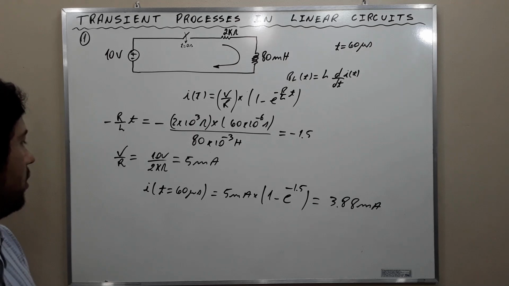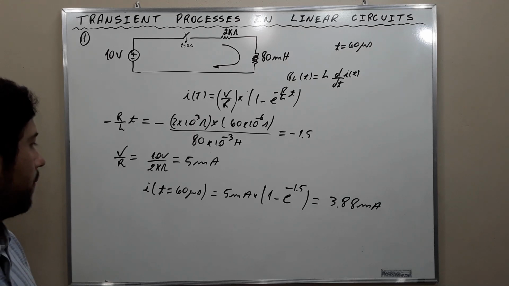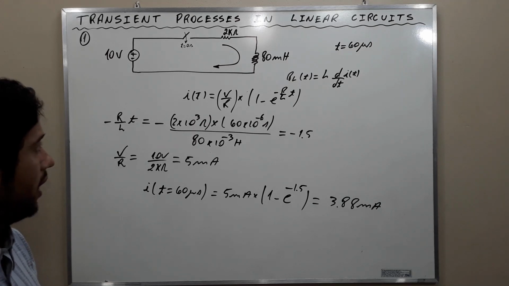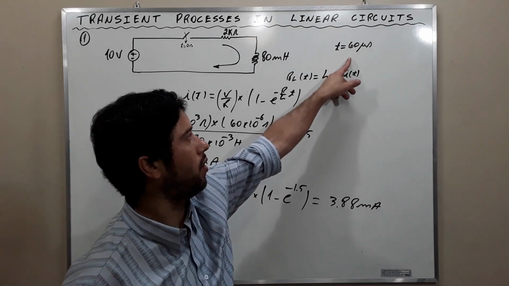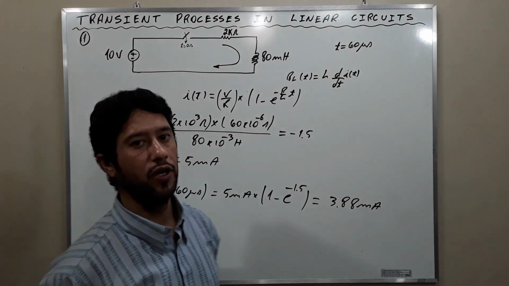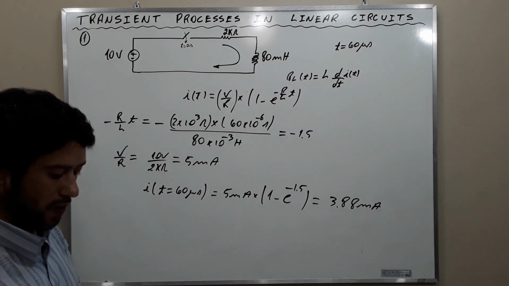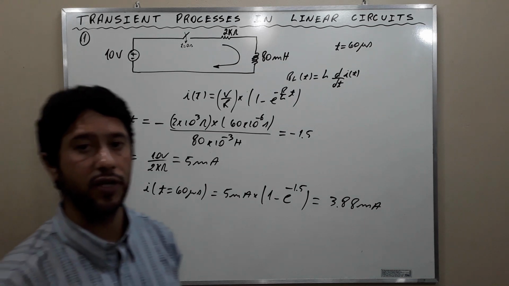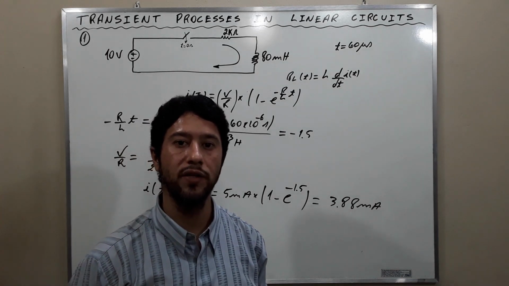This is the magnitude of the current after a time of 60 microseconds. Okay, my friends, this is all for exercise 1. Let's go to exercise 2.